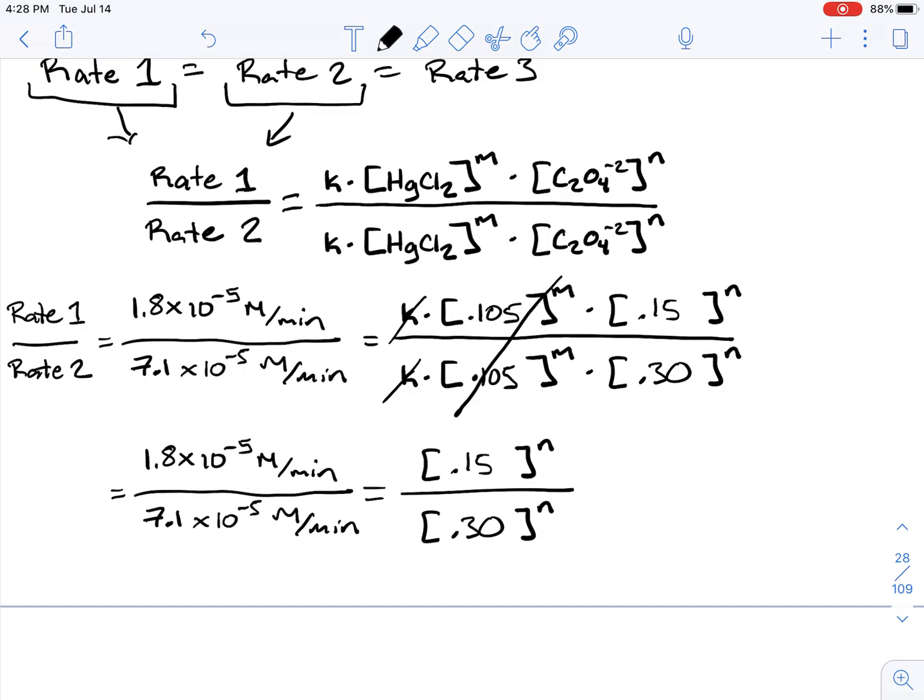So that makes the equation a lot easier. It shortens it up, and this enables us to calculate only one variable, which is n. If the concentration of mercury 2 chloride is not the same, then there's no way this piece and this piece can cancel out.